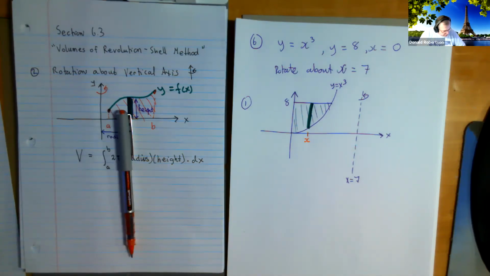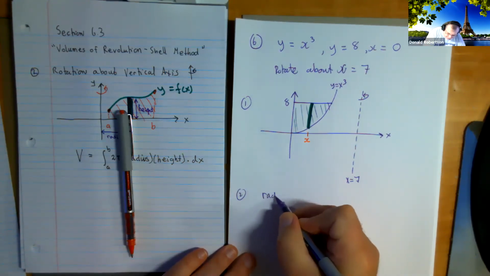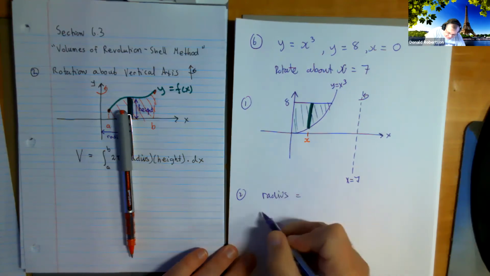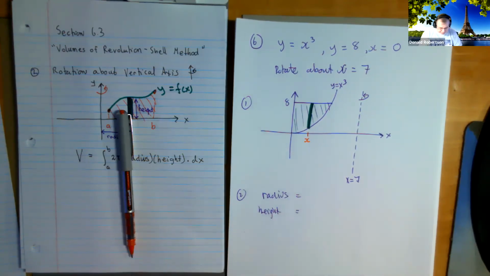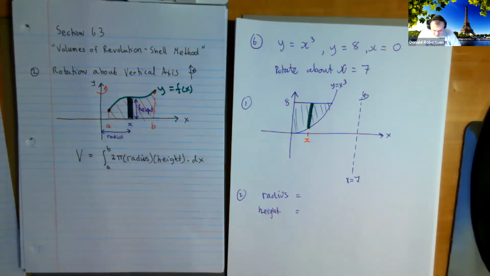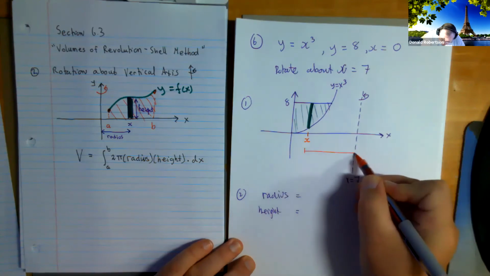And I now need to get my pens all sorted out. Step 2, I now need to find out what the radius and the height are in this story. Now the radius is from here to the axis of rotation.